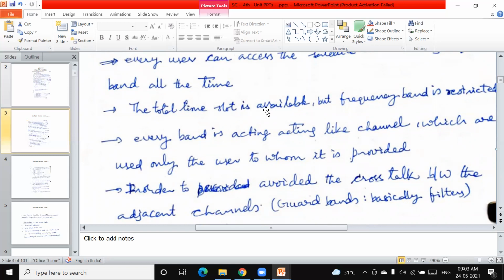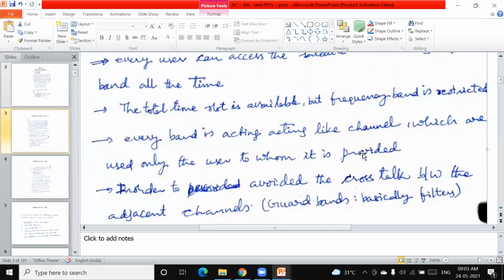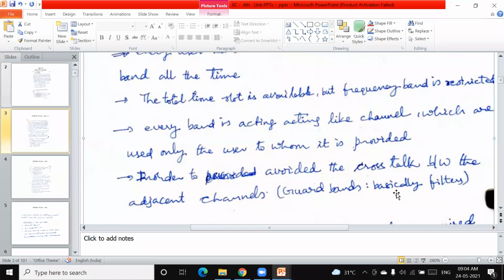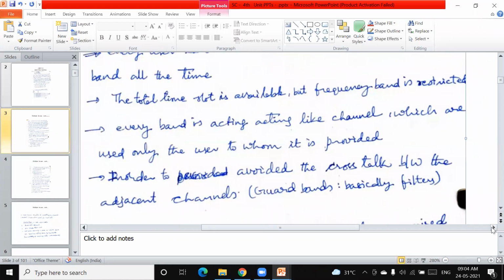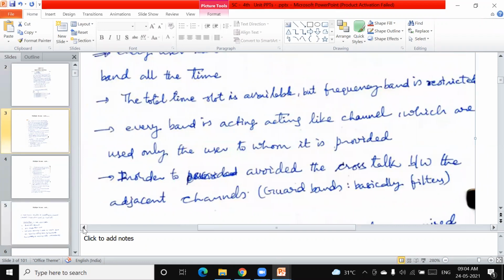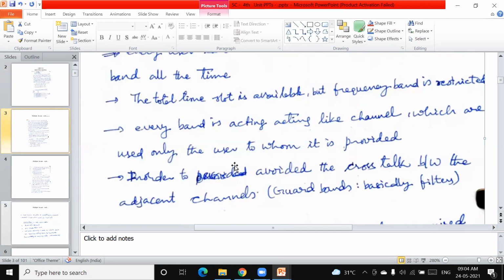That means the total time slot is available, but the frequency band is restricted, because only at that particular frequency, or within that frequency spectrum, you need to transmit.